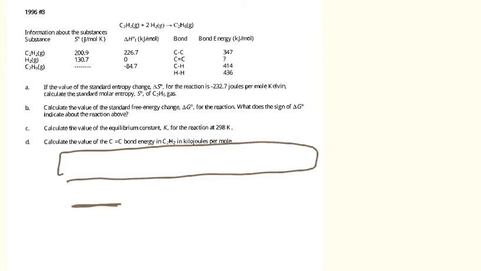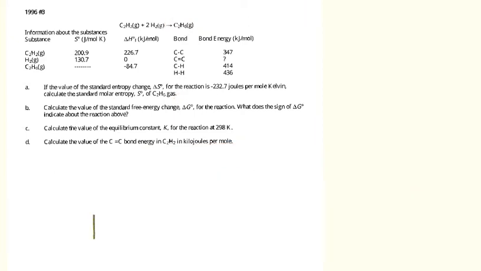We have products, so 1 times C2H6, we don't know that value, that's what we're trying to find, minus the reactants, so 2 times 1.130, this is the H2 gas, and over here is how we do the C2H2. From this point we just do the algebra, and it comes out to be 229.6 joules per Kelvin mole.